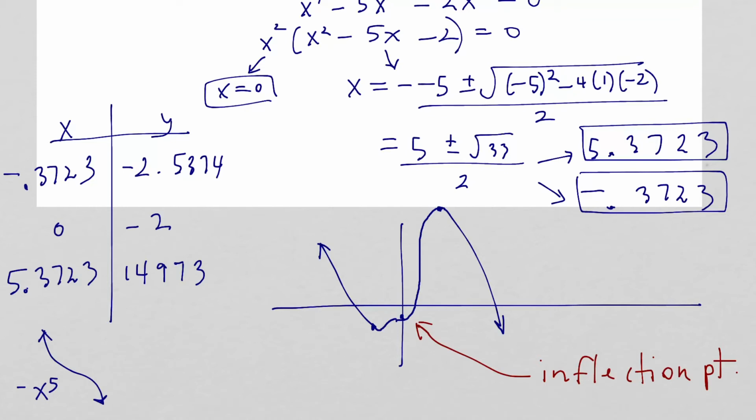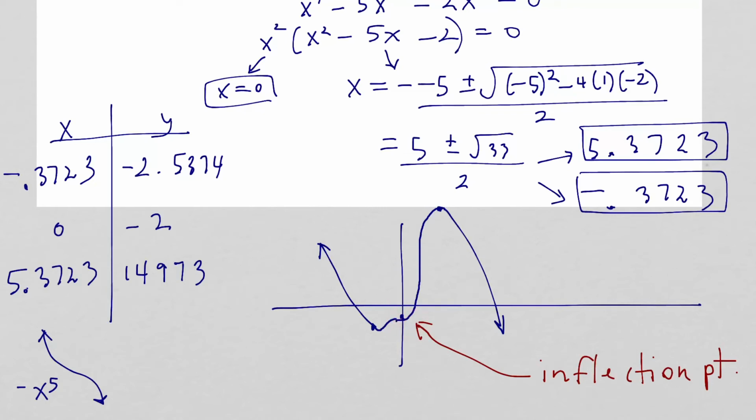So I know I've got to turn around here to hit that dot, and I know I had to turn around here to hit that dot. But if I turn around here, then I'm going to have to turn around again down here, and that would be a fourth critical value, which I know I don't have. So that's why I'm certain that this has got to be an inflection point.